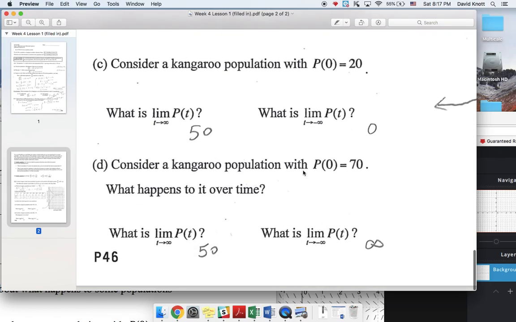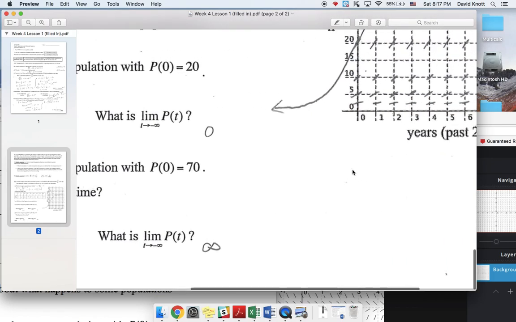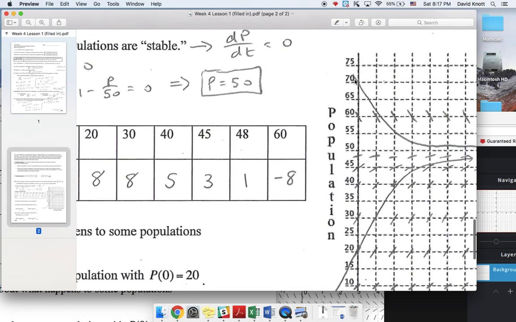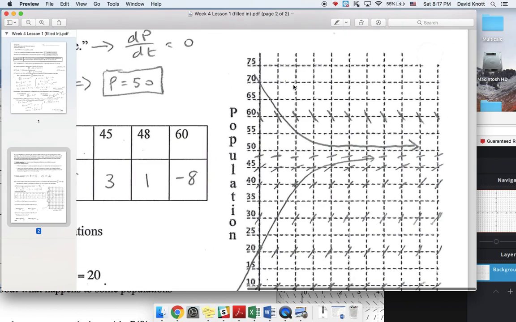With a kangaroo population satisfying the initial condition p of 0 equals 70, you'd be going through this point right here, 0, 70, and these lines here are all pushing you downward, right? You saw that at p equals 60, the slopes are negative. They're going to be even more negative here.